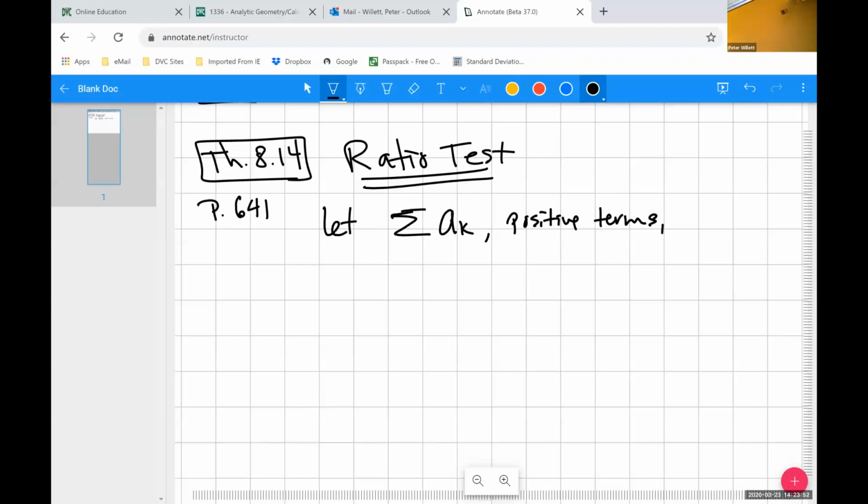We're going to go back and look at possibly not always positive terms in 8.6 on Wednesday. But nonetheless, let's say we have this, and then we're going to make a limit. And we're going to use r to represent the value of our limit. We're going to let r equal the limit as k goes to infinity of a fraction. So r you can think of as ratio. This is a ratio test, right?